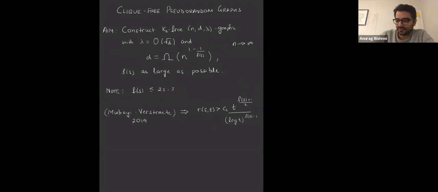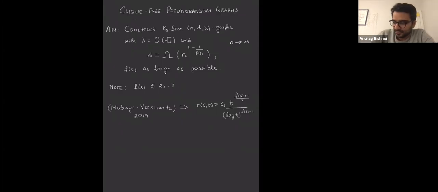In fact, the only value for which we know that f of s can be 2s minus 3 is f of 3 equal to 3, which was originally proved by Noga Alon in, I think, 1994. Then the question is, what about larger s?